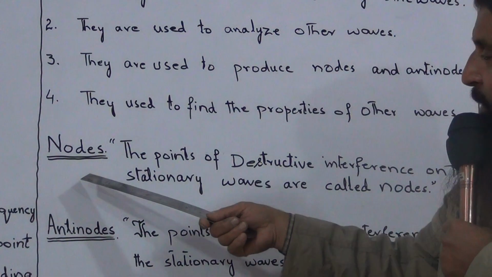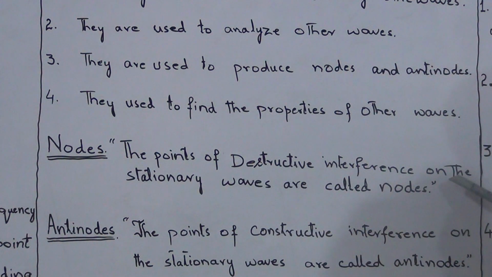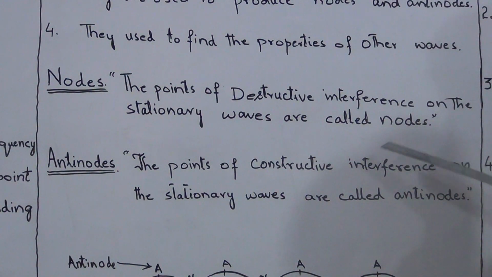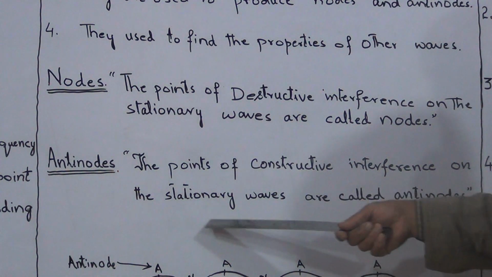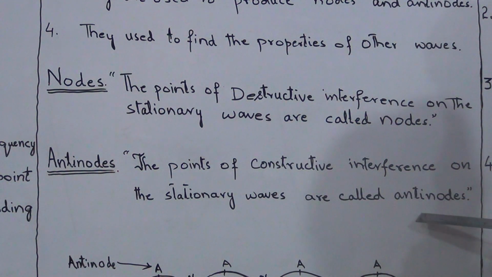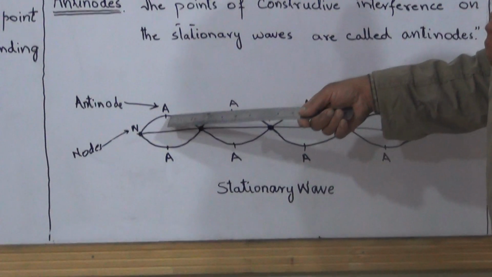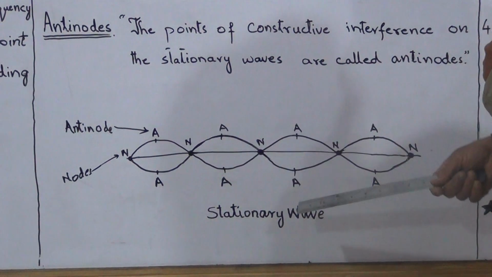Now, nodes. What are nodes? The points of destructive interference on the stationary wave are called nodes, and the points of constructive interference on the stationary wave are called antinodes. Look at the diagram. This one is one wave and this one is the other wave.